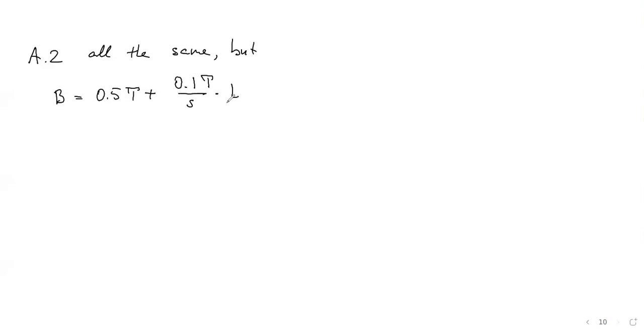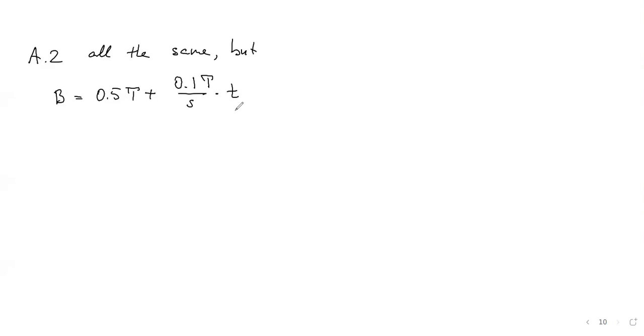A.2. All the same, but my magnetic field, let's say, equals, let me write a function for you. So some initial value 0.5 Tesla plus, I'm going to increase the strength, 0.1 Tesla per second multiplied by time.